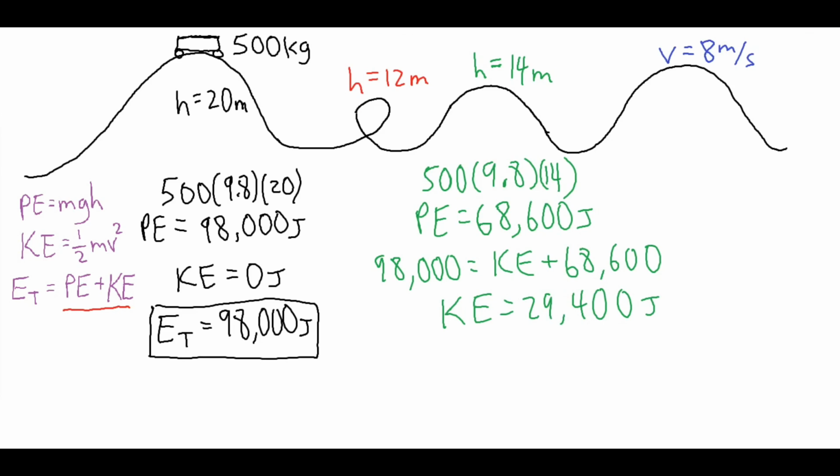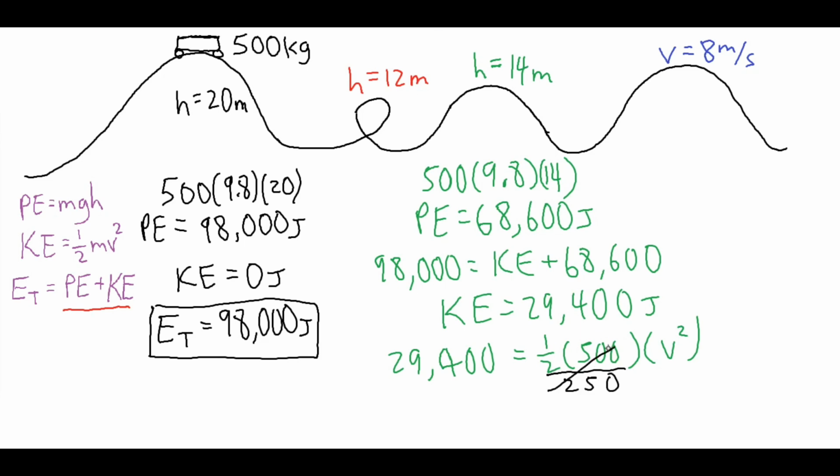Okay, from there, if we wanted our velocity, we can go ahead and use that KE value and plug it into our kinetic energy formula, and then do two steps of algebra, which is 1/2 times mass times velocity squared. What I typically like to do is what I did earlier, combine my 1/2 with the mass, which is 250.